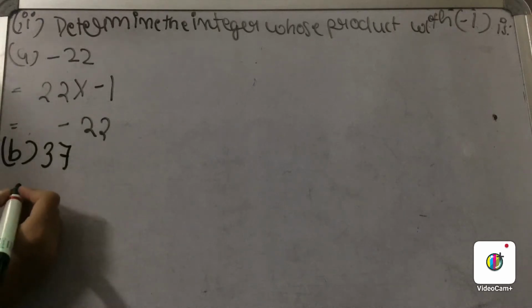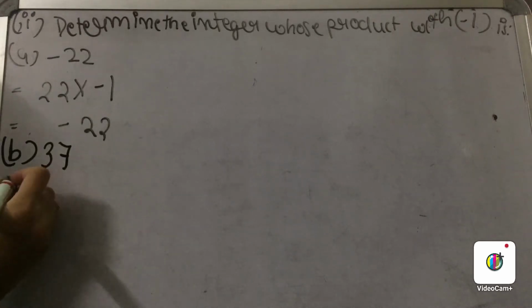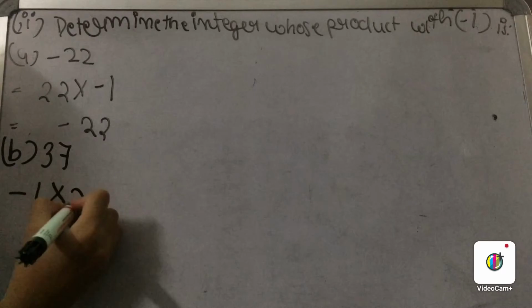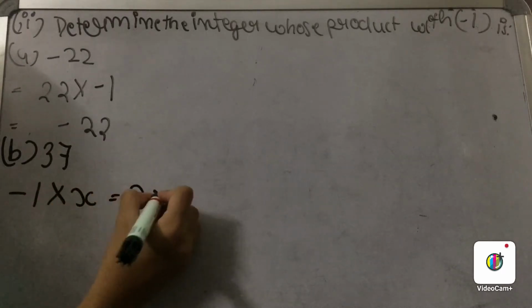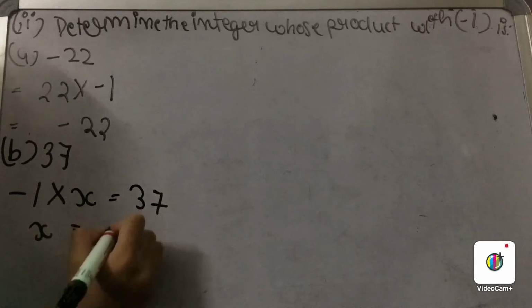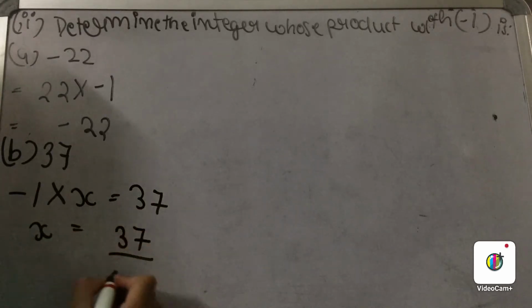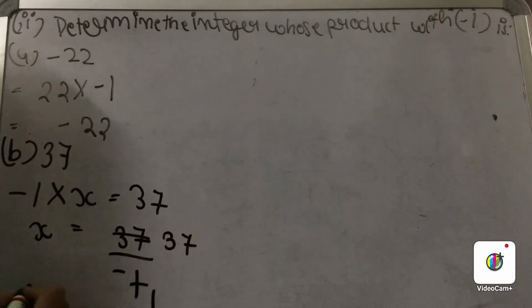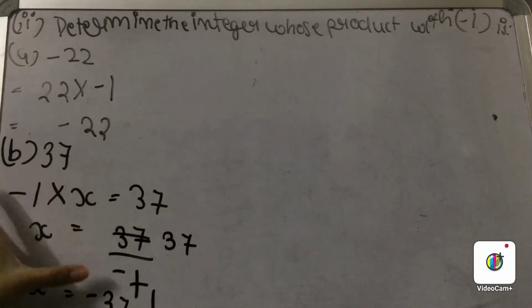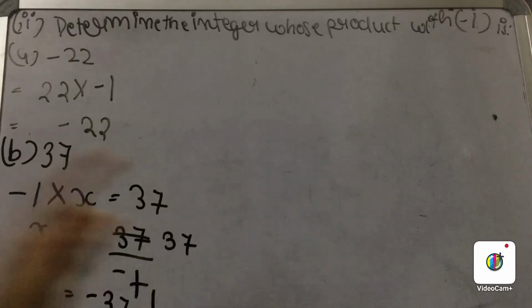Like this, you can just write here that minus 1 multiply by x equal to 37. So x will be 37 divided by minus 1, and 37 ones are 37. And here a minus is left, so this will be minus 37.